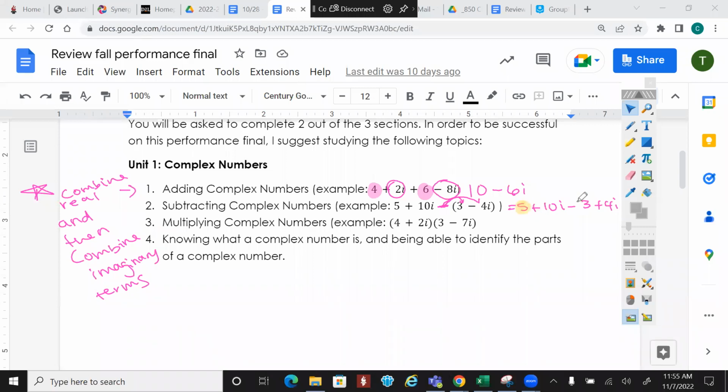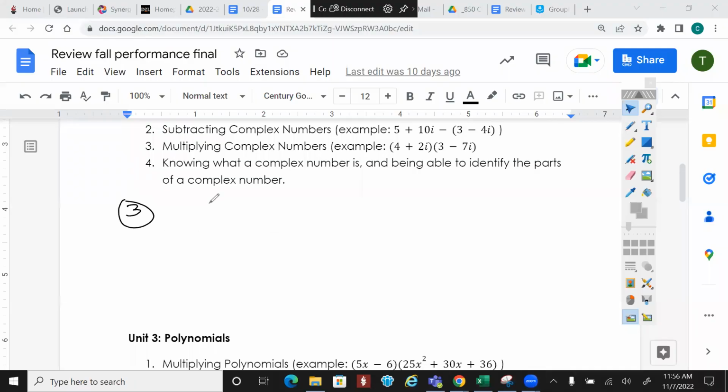So we're going to have real, and that's going to give us 2. And then we're going to take 10i plus 4i, and that's going to give us 14i. And that's it. Again, when you explain this, you're going to say, hey, I distributed, and then I combined my real and combined my imaginary.